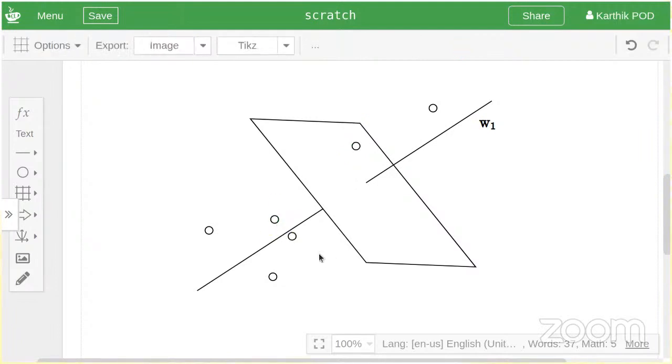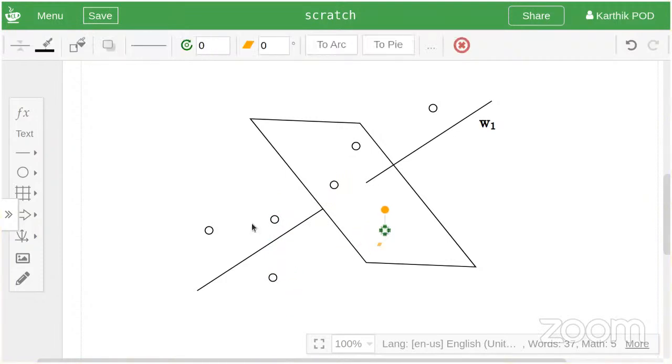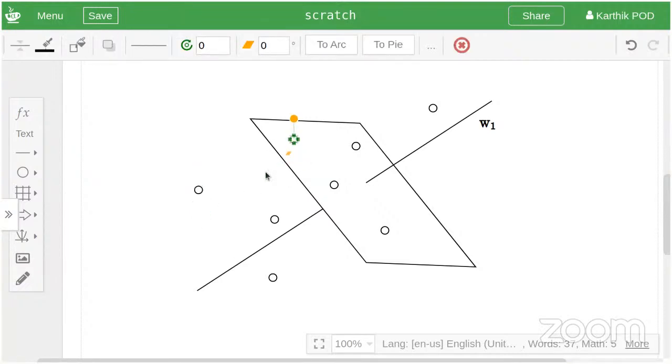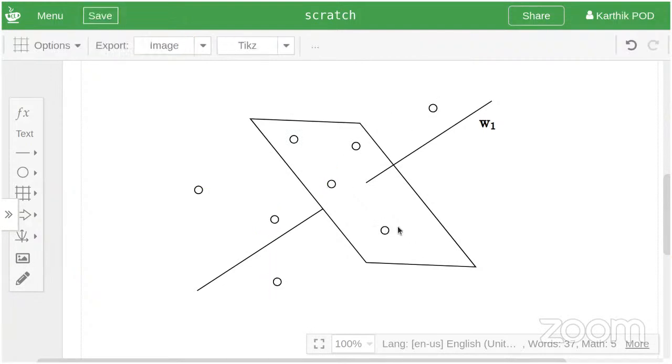So for example, I am drawing the corresponding error vectors as they will look on the plane. This is the one corresponding to this, and this is for this. So these are all the residues.